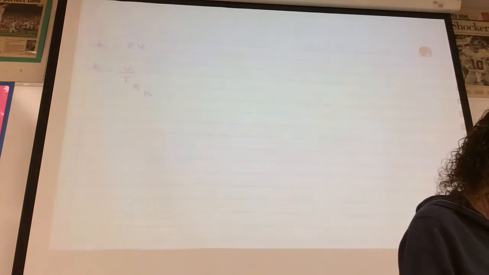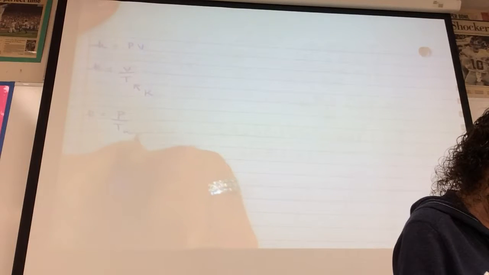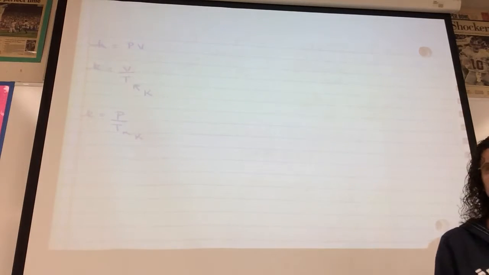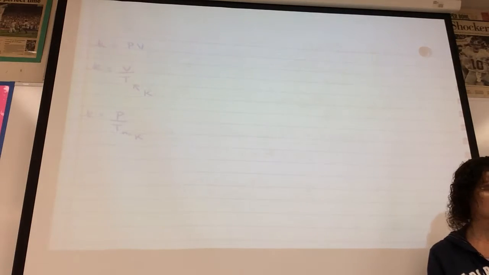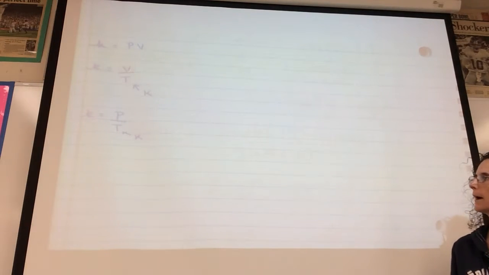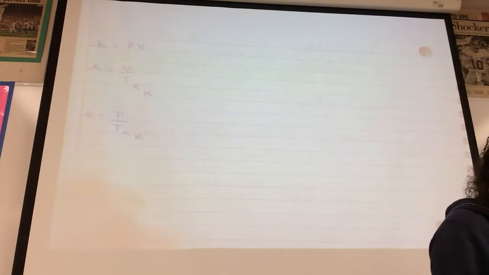And we're also going to look at the direct relationship between pressure and temperature, and again, capital K for Kelvin. We've got some additional gas laws we're going to explore as well, and we'll take them as they come. First up is Charles' law.